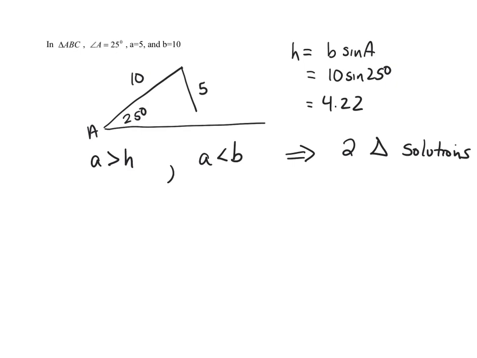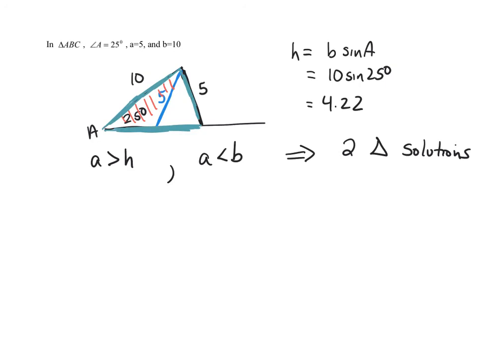On our picture up here, that means I could fit 5 in this distance, and it would fit just fine. But I could also fit it going this direction. So I have two triangles: this triangle here, and then this bigger triangle here. So I'm going to have two triangular solutions.